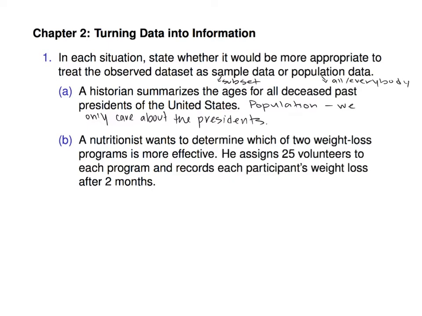A nutritionist wants to determine which of 2 weight loss programs is more effective. He assigns 25 volunteers to each program and records each participant's weight loss after 2 months. Now the question is these 50 people, 25 for each group, are they everybody you care about, or are they just a sample? And it's pretty obvious here that they are a sample.